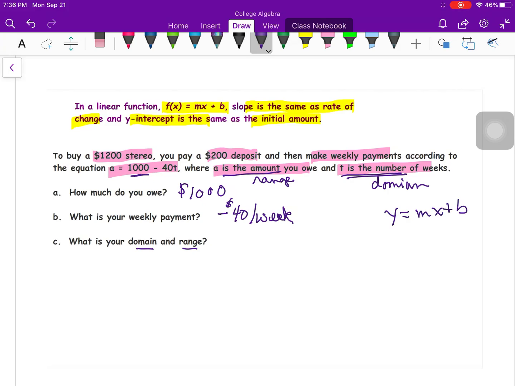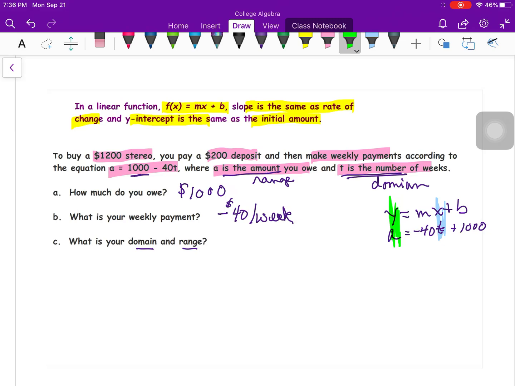So if I put my model here, A equals negative 40t plus 1,000, I see my t's are my domain, and my A's are my range.